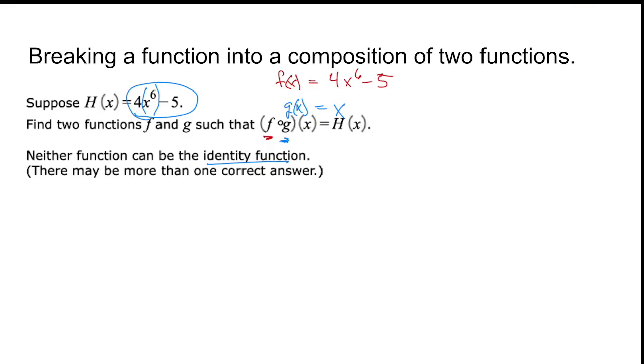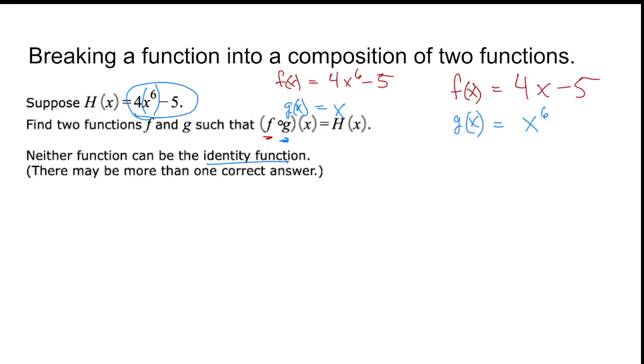So the outside function in this case, we would say, is f of x equals 4x minus 5. What are we going to put in that x? Well, we're going to put a function which we will call g of x, and we'll call g of x x to the 6th power.